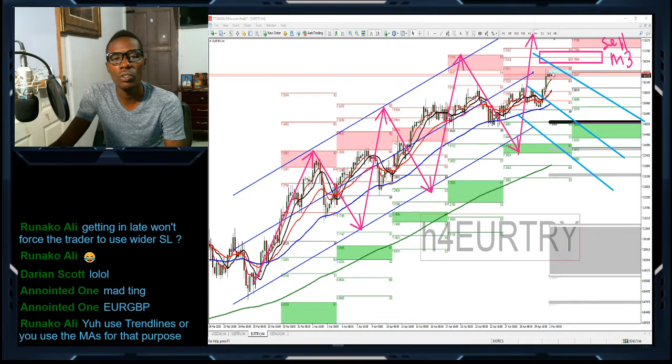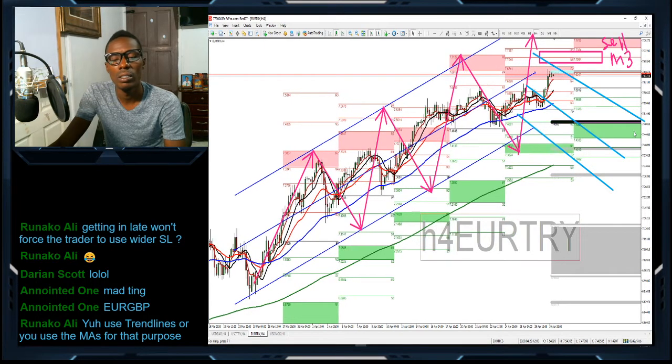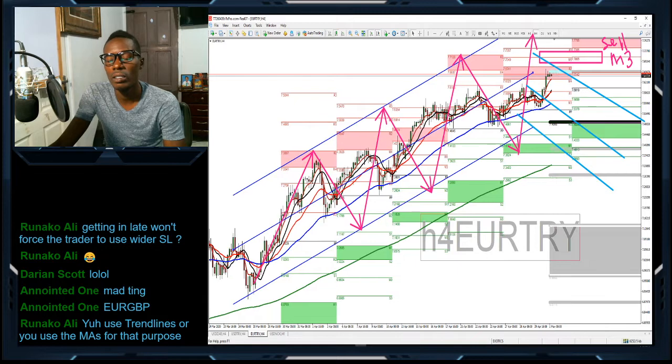So when it starts to roll over, I'm looking for something like this. When the trend starts to change, I draw it like this, down. Maybe the color is a problem.